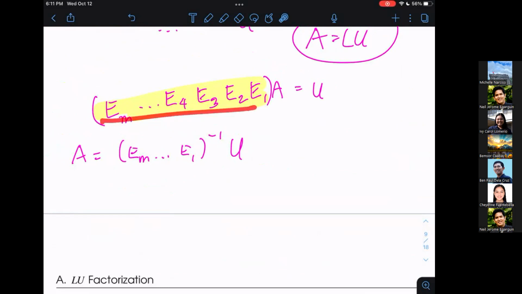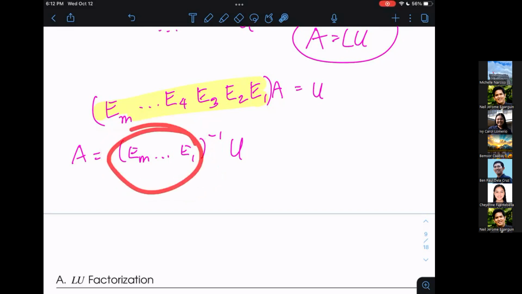So bawat isa ay elementary matrix, bawat isa sa kanila ay invertible. So ibig sabihin E sub M inverse exists up to E sub 1 inverse exists. So if I take E1 inverse times E2 inverse times E3 inverse hanggang times EM inverse, yun yung inverse ni E sub M hanggang E sub 1. And I know this to already exist because each of the inverses also exists.